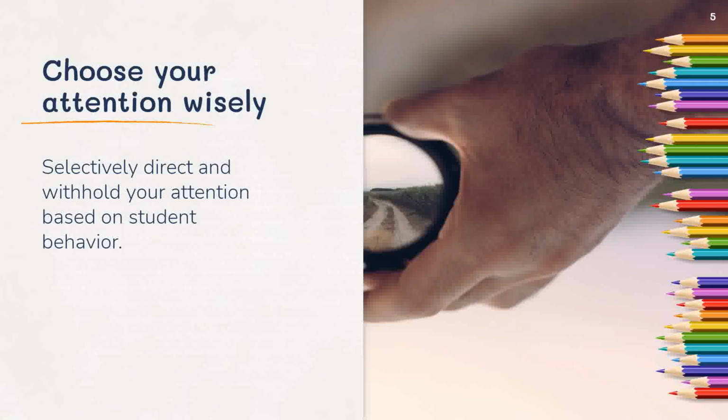With it comes the power of your approval as the teacher, as the one that they all like. So you have to build that strong relationship with them first. You give your attention and your approval to the students that are meeting your expectations. Everyone's going to want that. You withhold your approval, you withhold your attention from the students that are not meeting your expectations.